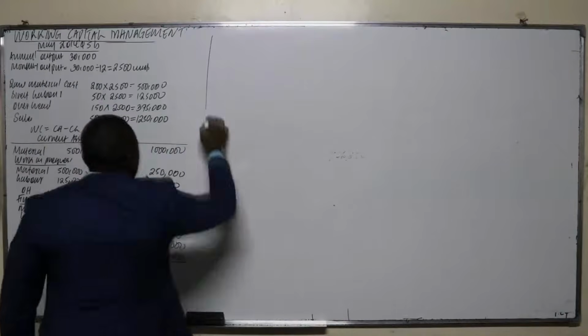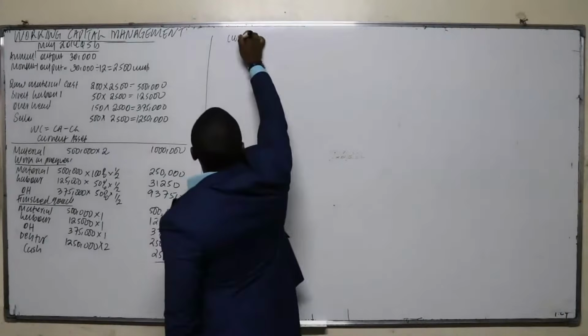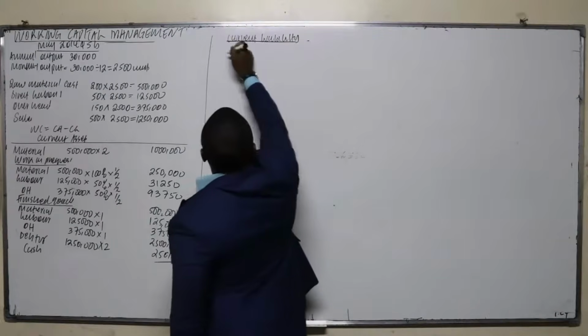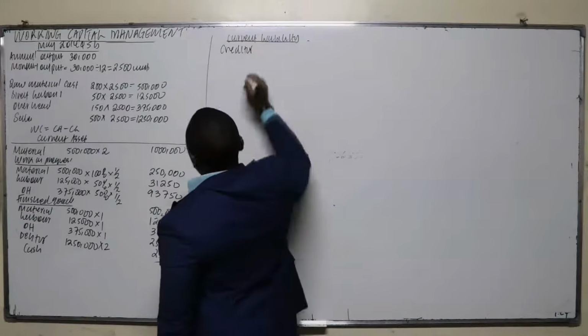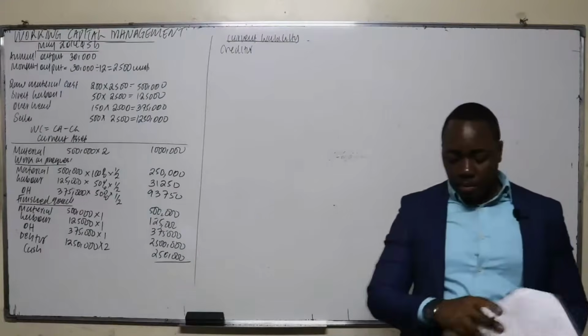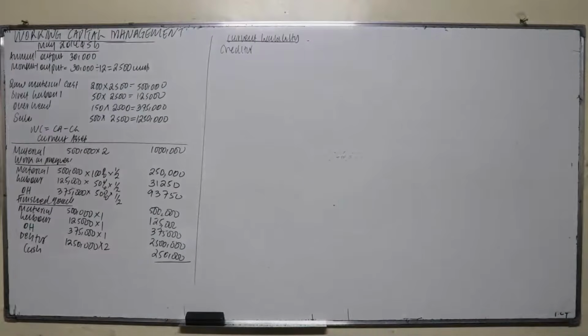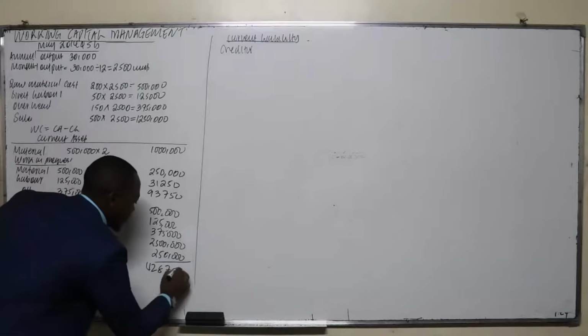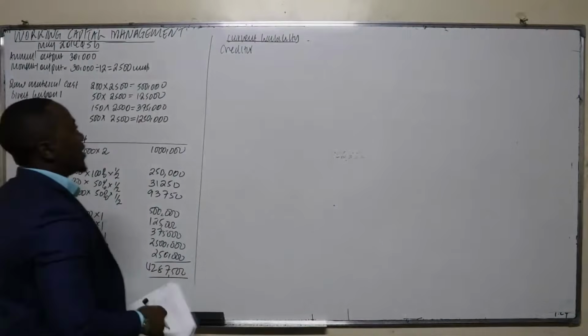Now give me the total current assets. $42.87 per 1. Then we determine the current liability.